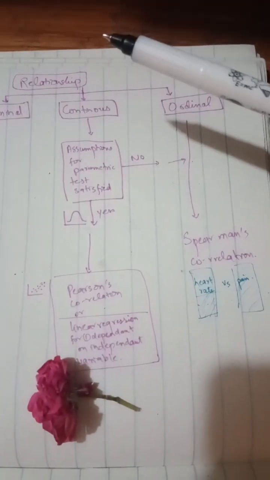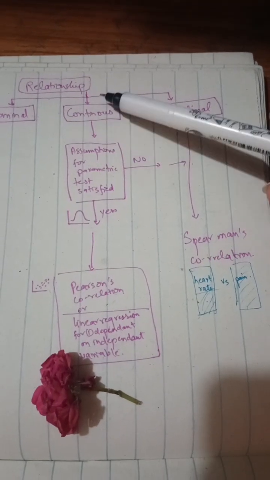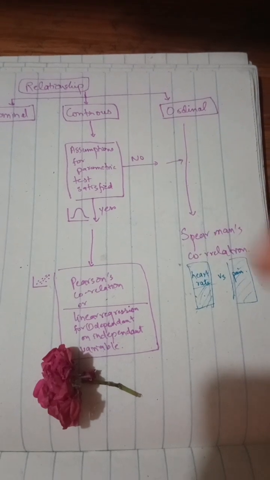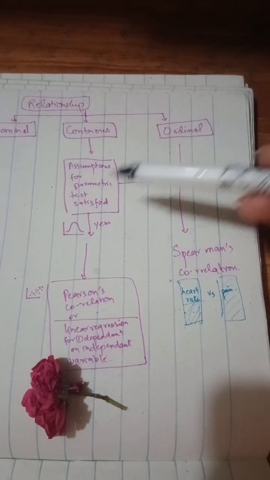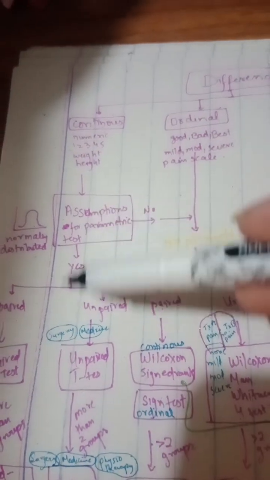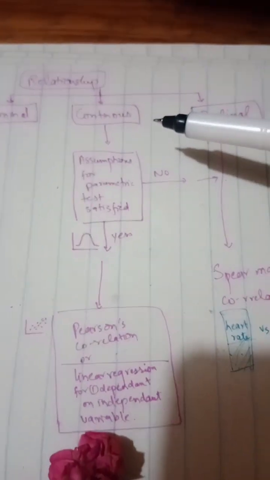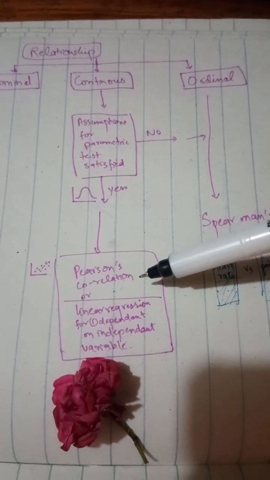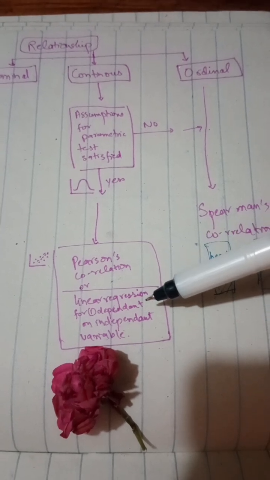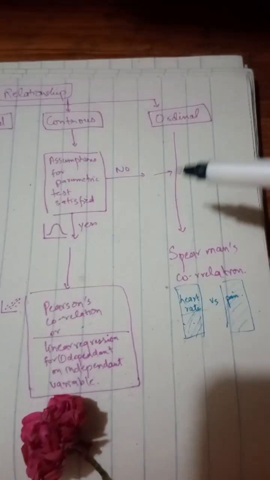Okay, then we have relationship-based tests. If they are continuous data and parametric, same as the earlier rule, then we are going to use Pearson's correlation and linear regression for one dependent and independent variable.